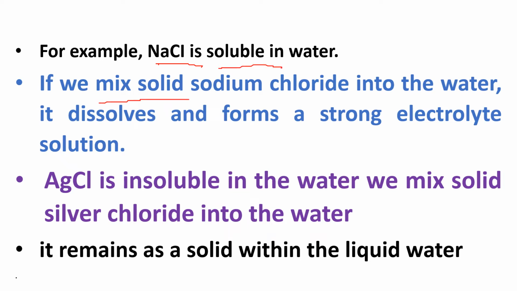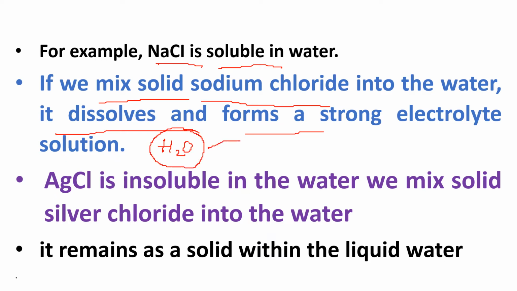If we mix solid NaCl, that is sodium chloride, into water, it dissolves and forms a strong electrolyte, because water is a bad electrolyte. If you add sodium chloride into it, it acts as a strong electrolyte due to the presence of Na+ and Cl- ions.